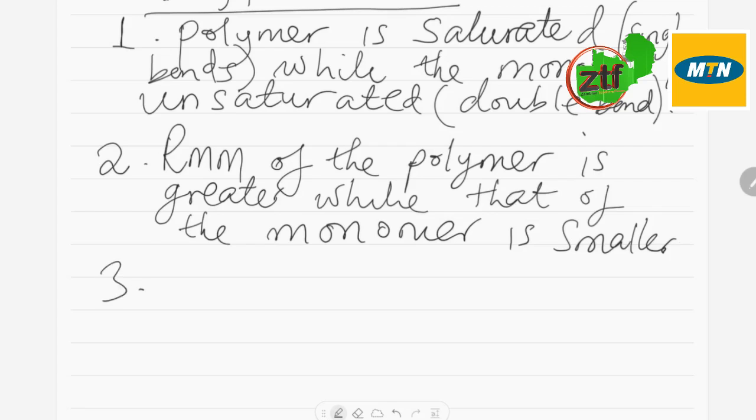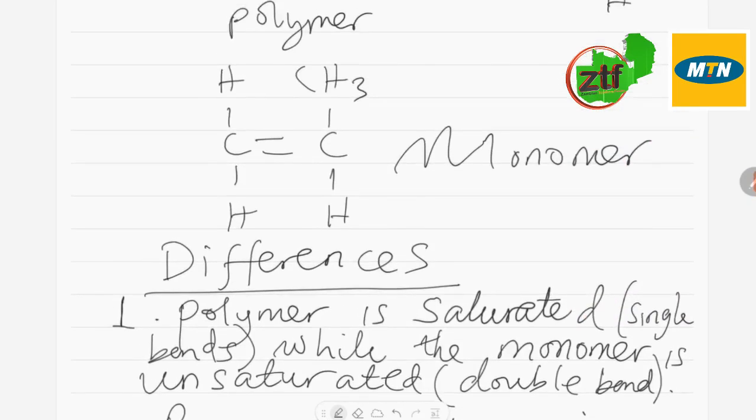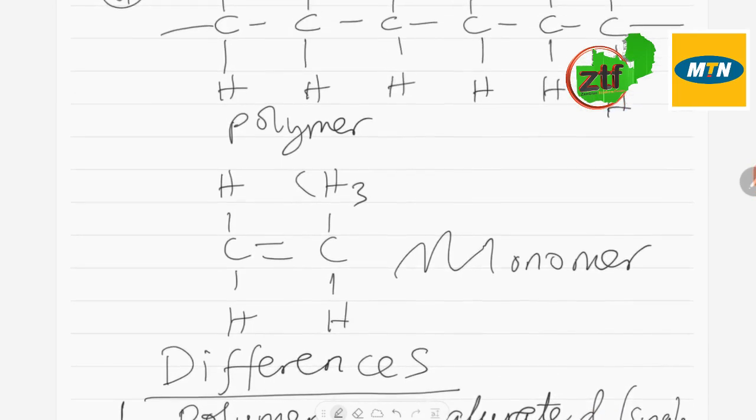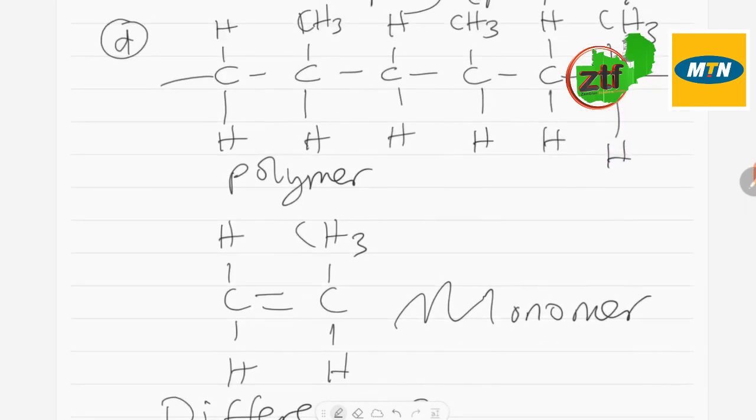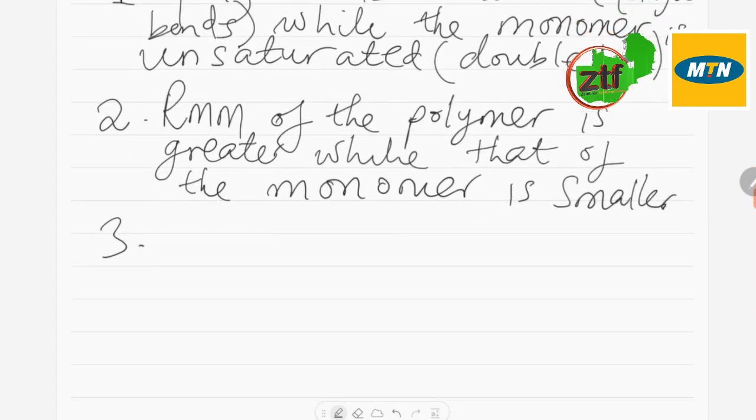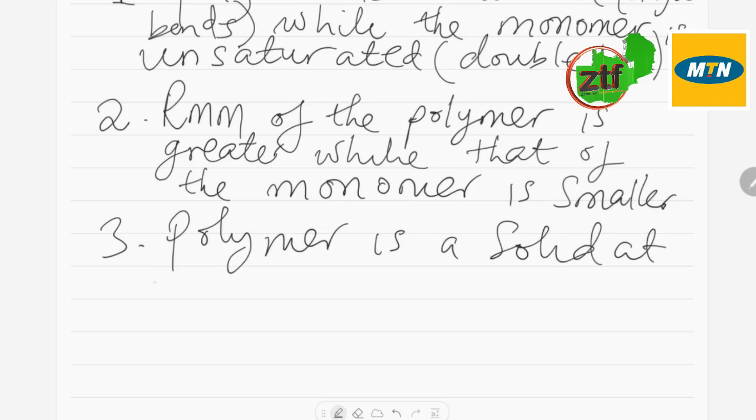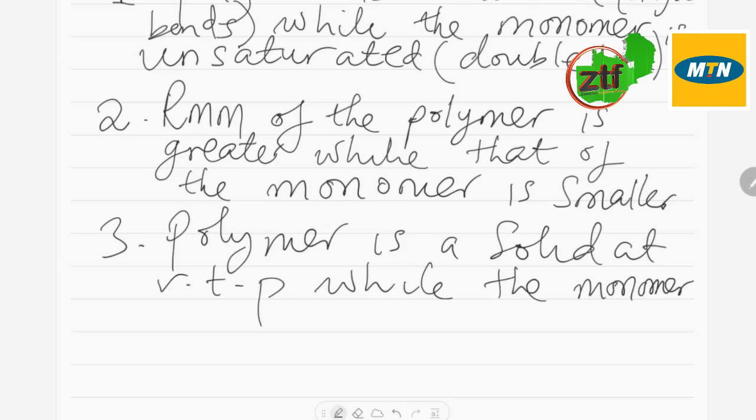So also we can add that our monomer is a gas, while the polymer is solid at room temperature and pressure. So the polymer is a solid at RTP, room temperature and pressure, while the monomer is a gas.